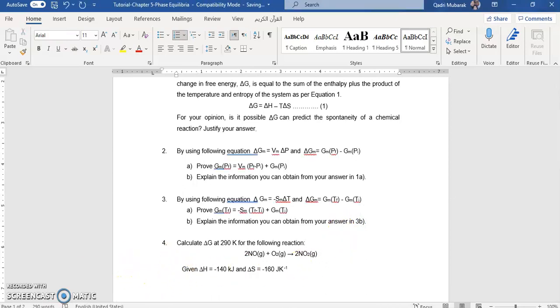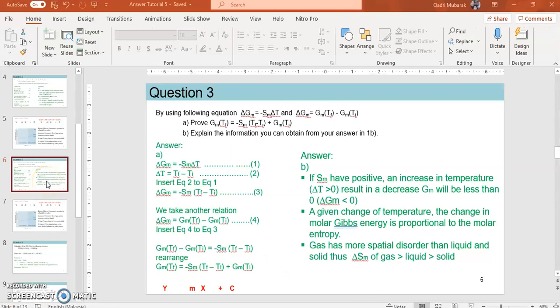Again, it is a mathematical formula, an analysis of a mathematical equation related to a chemistry subject.